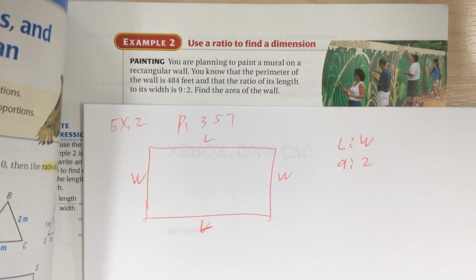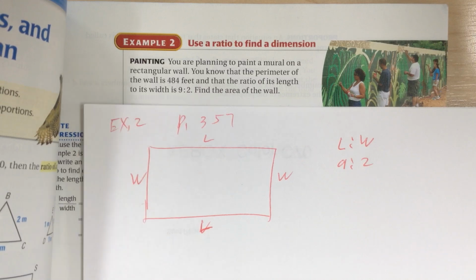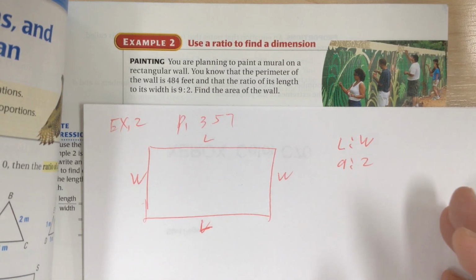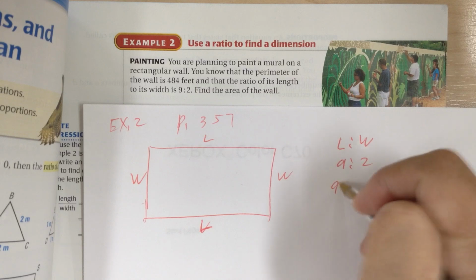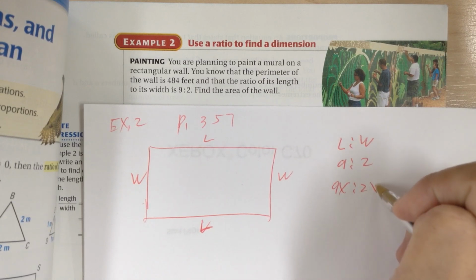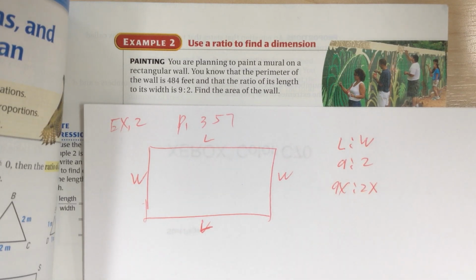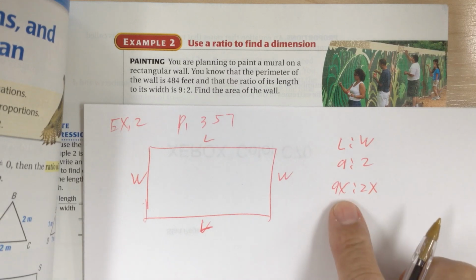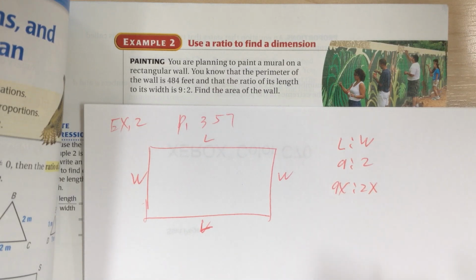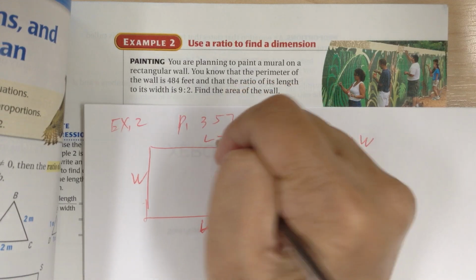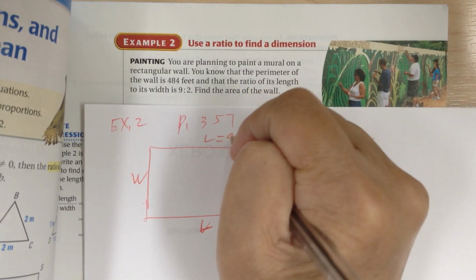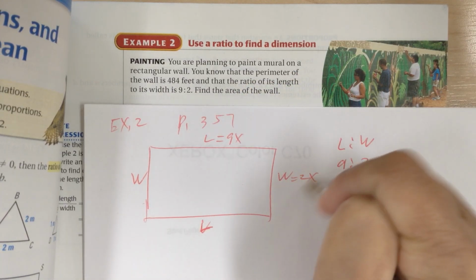As you recall from algebra 1, whenever you have a ratio, you have to put in a multiplier. So this would be 9x to 2x, because 9 to 2 is reduced already. So you have to multiply by a variable to get to the original. So you can write 9x, 2x.